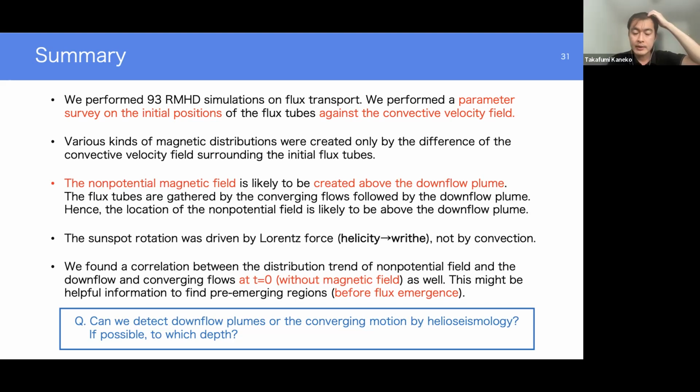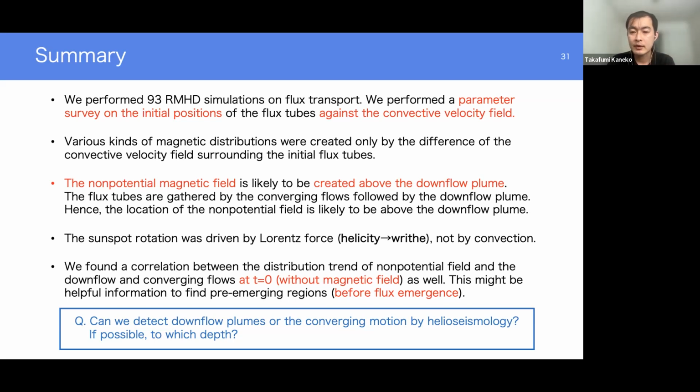So in our simulation, the convective flow also changed with time. Basically, we derived the mean velocity field and compared it with the non-potential field.